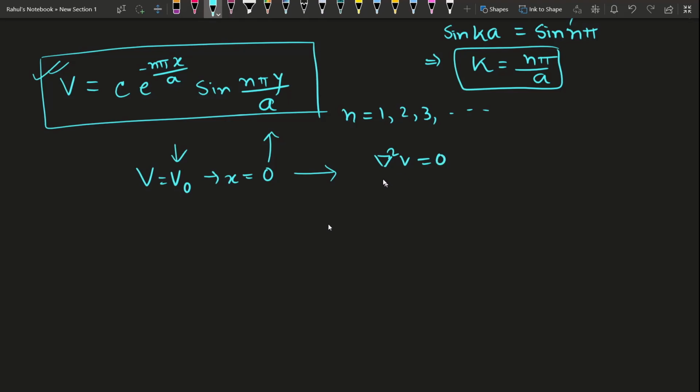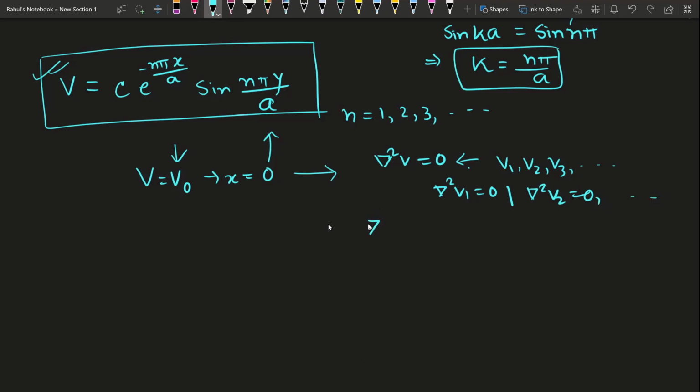So if it has several solutions like v1, v2, v3, dot dot dot, then that means del square v1 equals to 0, similarly del square v2 equals to 0, and similarly the others.